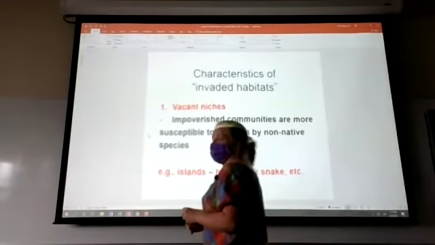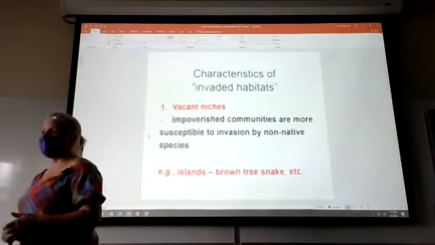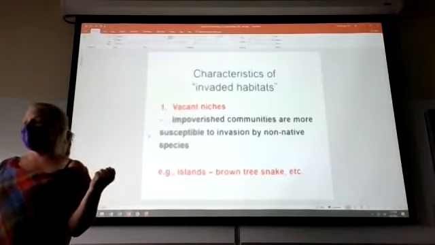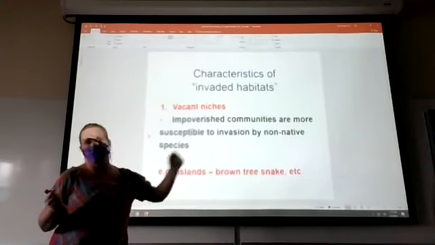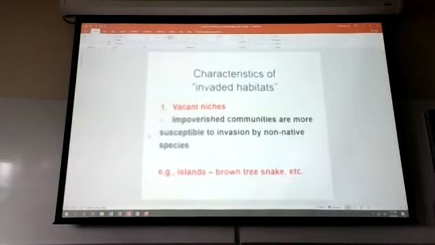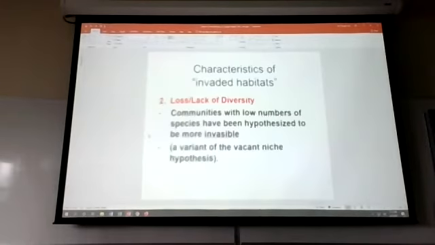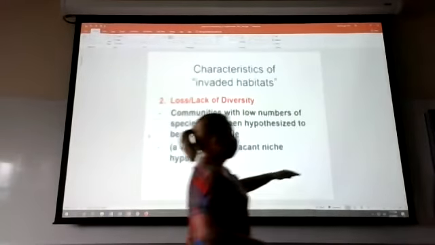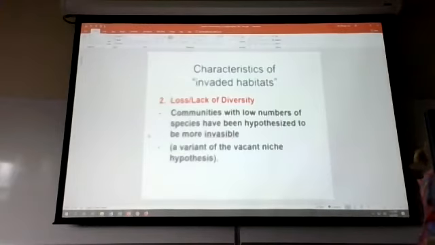And so when the brown tree snake was introduced, it thrived because nothing else was there.